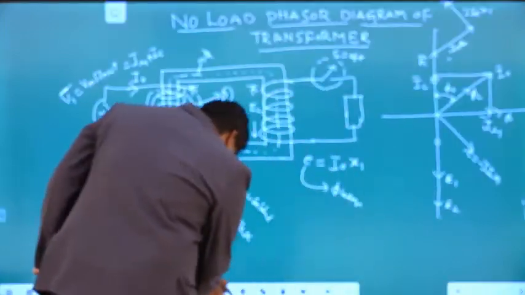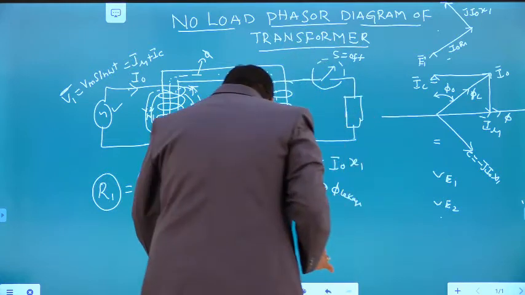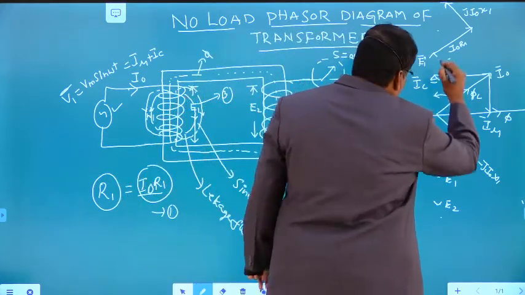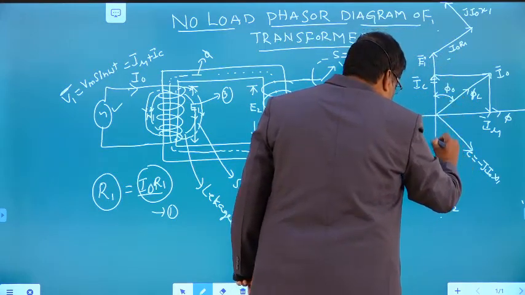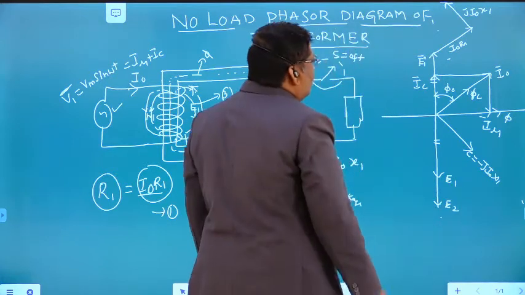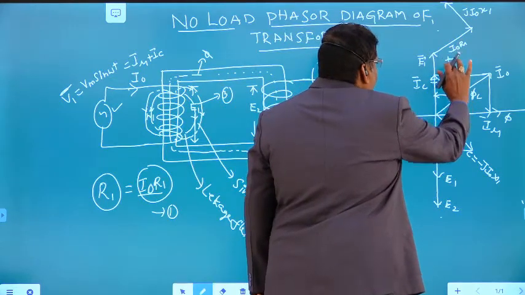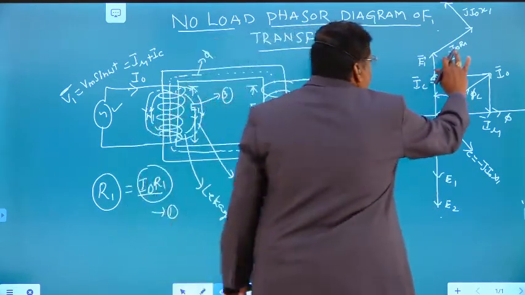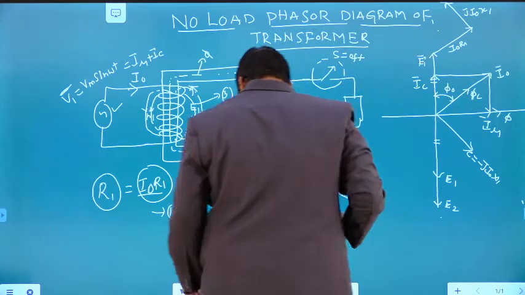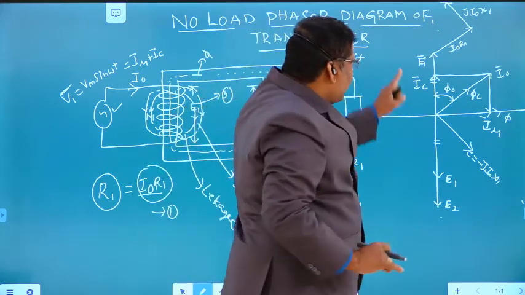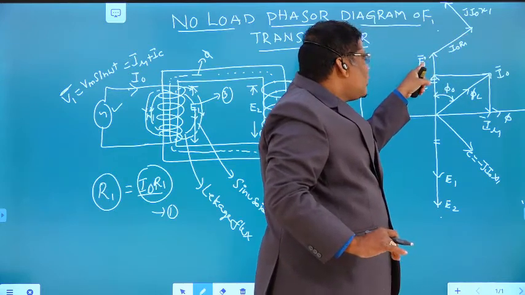Now, if you observe clearly here, after the resistance drop, we are adding the resistance drop to the E1.